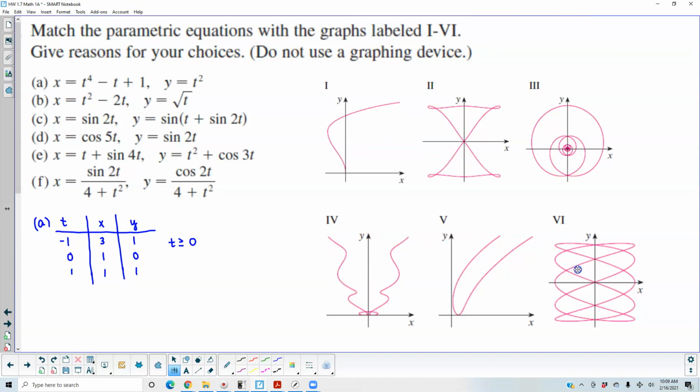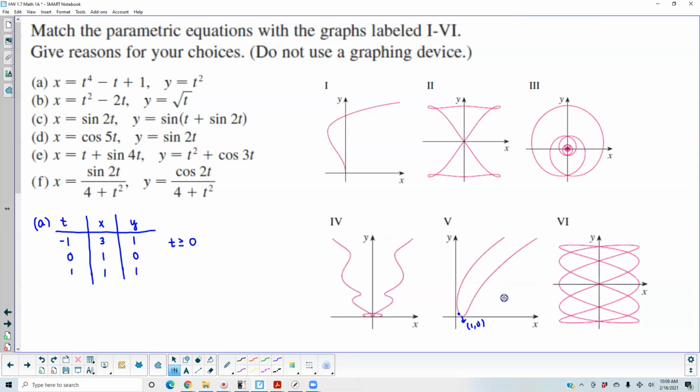We don't have it on 5, and we do have it on 6, excuse me. And if you also notice here, we have this point that could represent 1, 0. So it looks like A represents 5. And just so you know, it's t squared, which is greater than or equal to 0. So we know that 5 is matched with A.